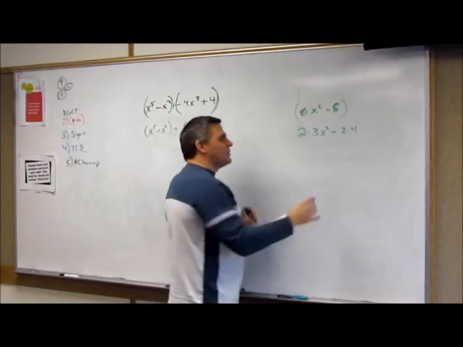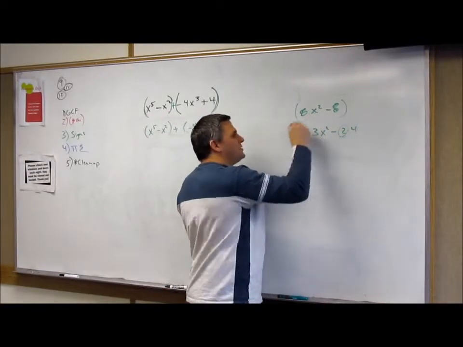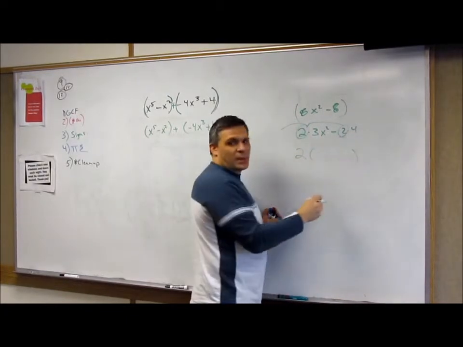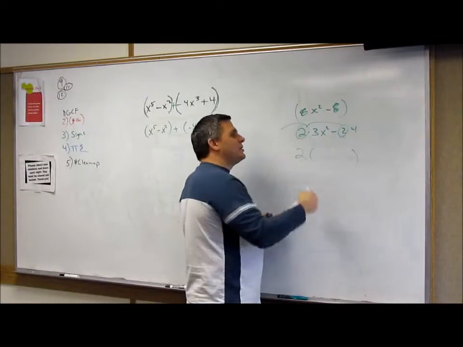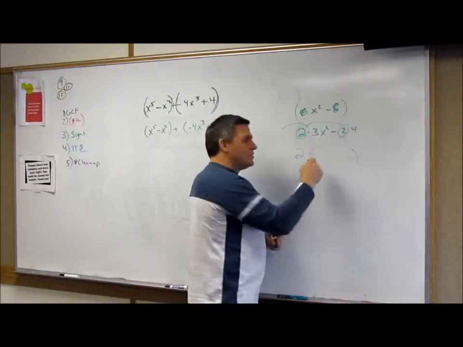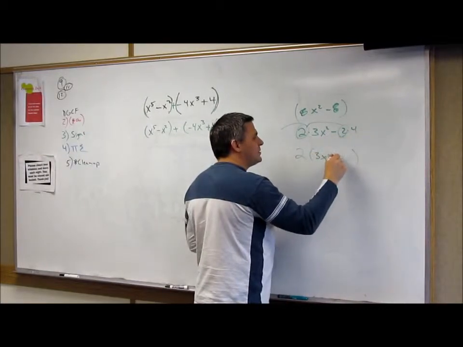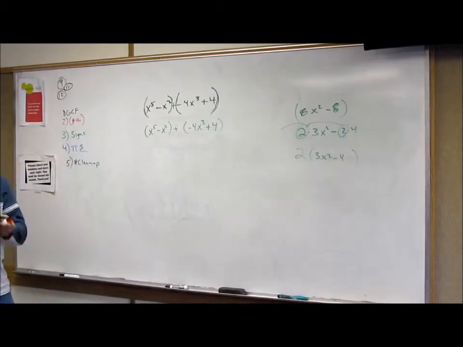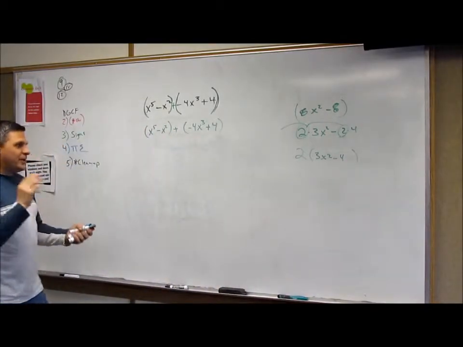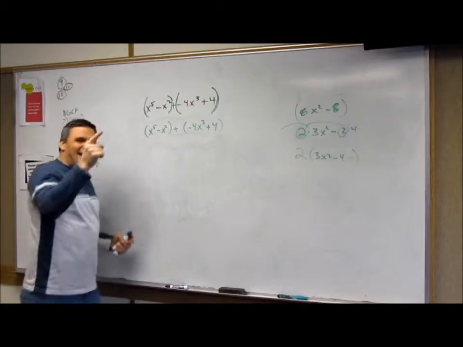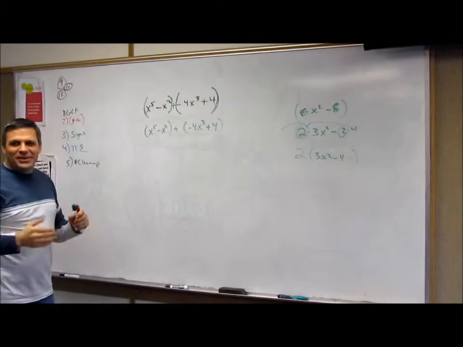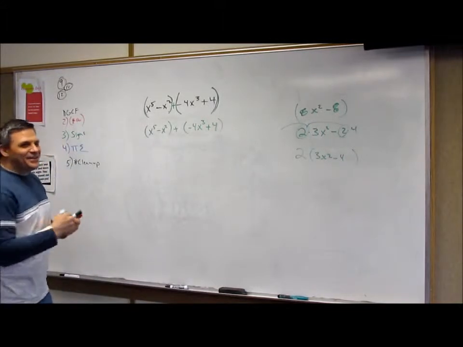I'm going to pull out these 2's and take them to the outside, and what's left is what's in there: 3x squared minus 4. We're doing the same thing here. So, patience. Alright, here we go.